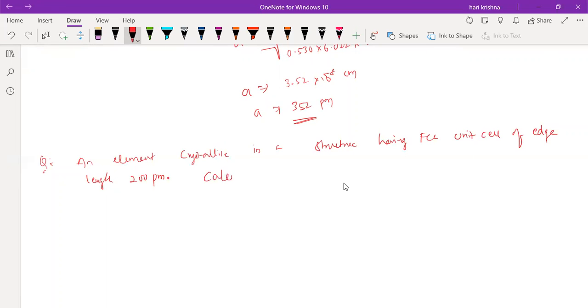Calculate the density if 200 grams of this element contains 24 into 10 power 23 atoms.